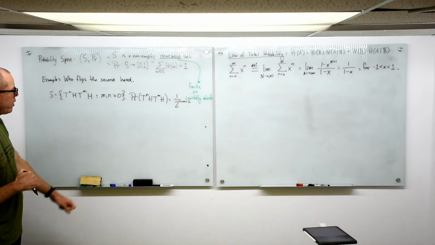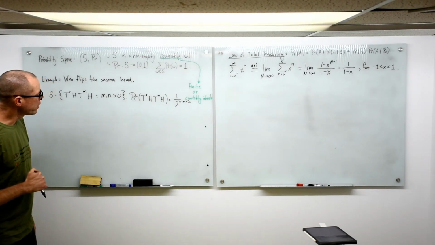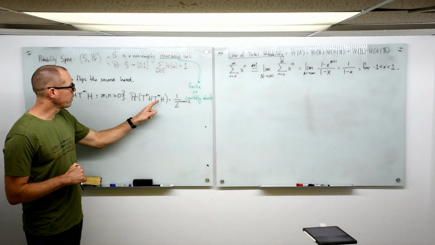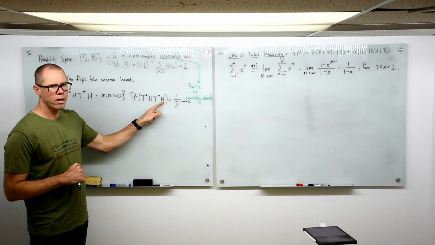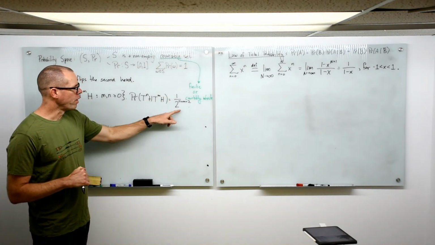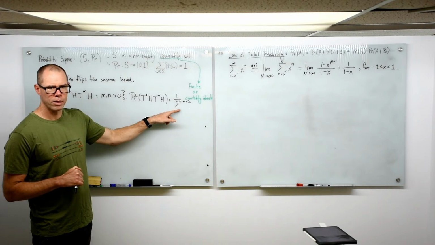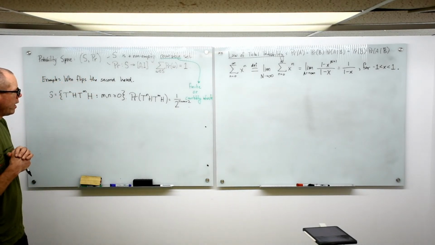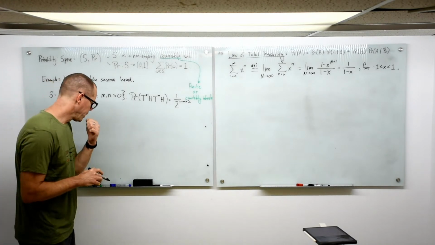And the probability of any particular outcome, well, this is just a very specific sequence of n plus m plus 2 coin tosses. So the probability that we get exactly that sequence is 1/2 to the n plus m plus 2. So that part's easy.